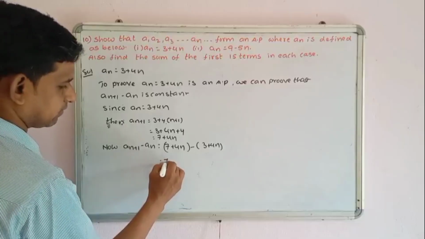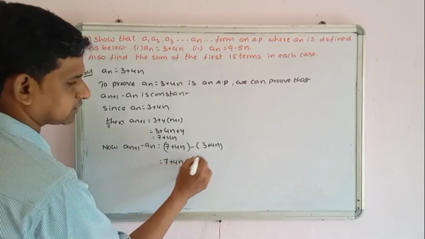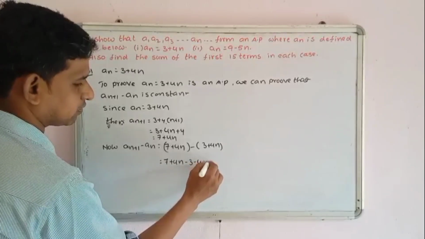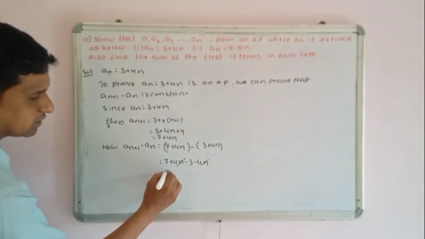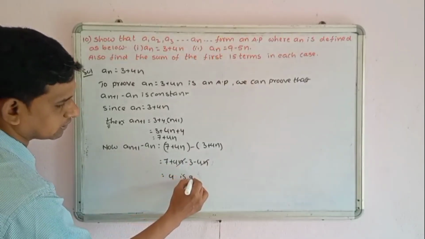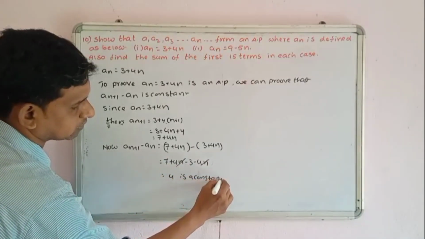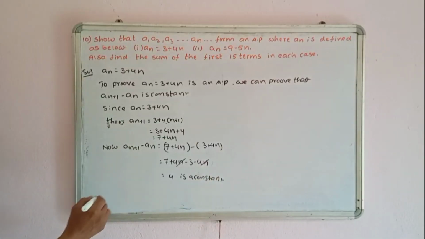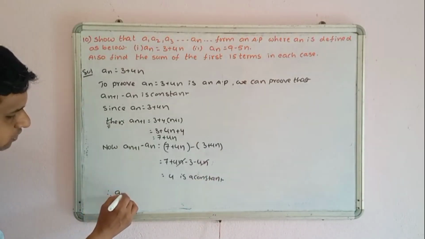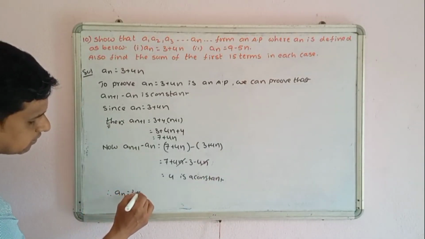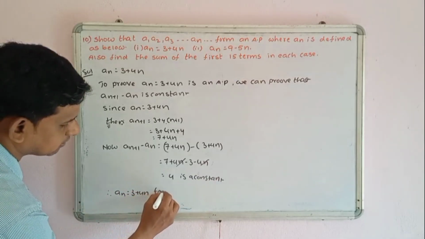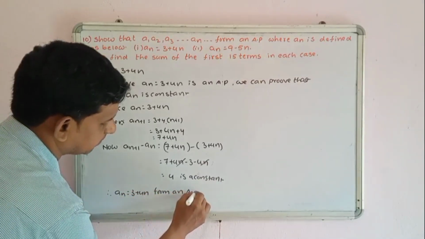So 7 plus 4n minus 3, minus 4n. The 4n and 4n get cancelled. 7 minus 3 is 4, which is a constant. Therefore an equals 3 plus 4n forms an AP.